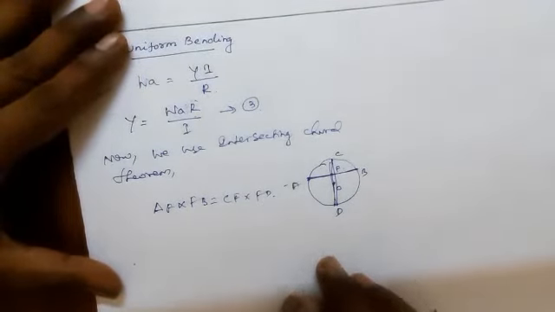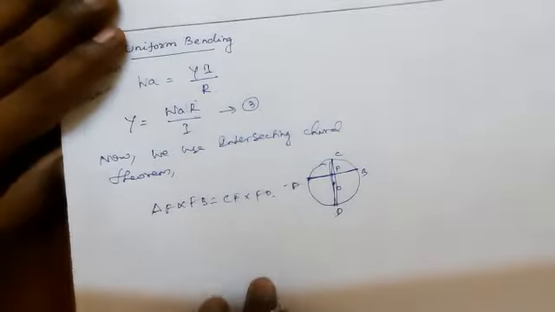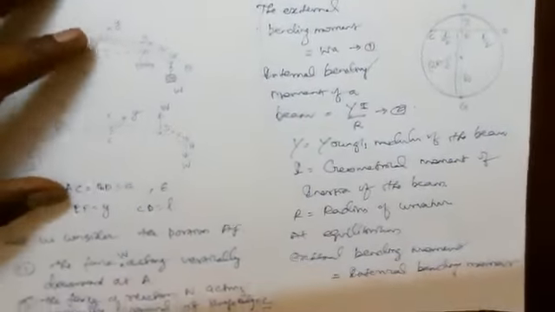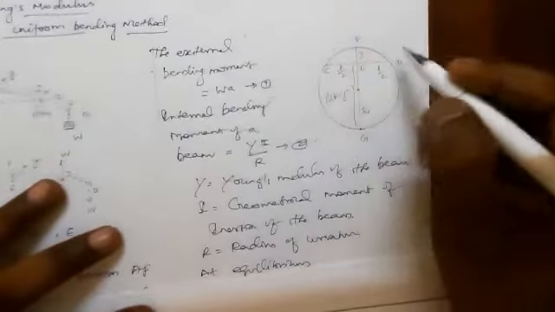Here we use the intersecting chord theorem. This bend forms a circle like this.